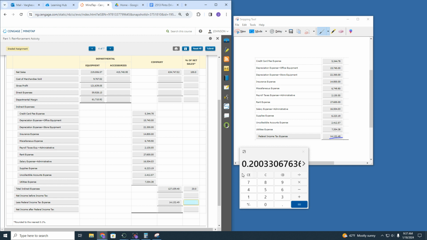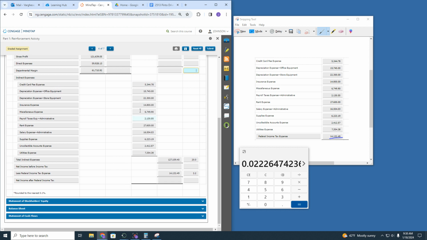And then my federal income tax as a percentage of revenue is 2.2%. All right, so I'm imagining this will probably be around 10. This will probably be around 8 once you fill in the rest of the numbers here.